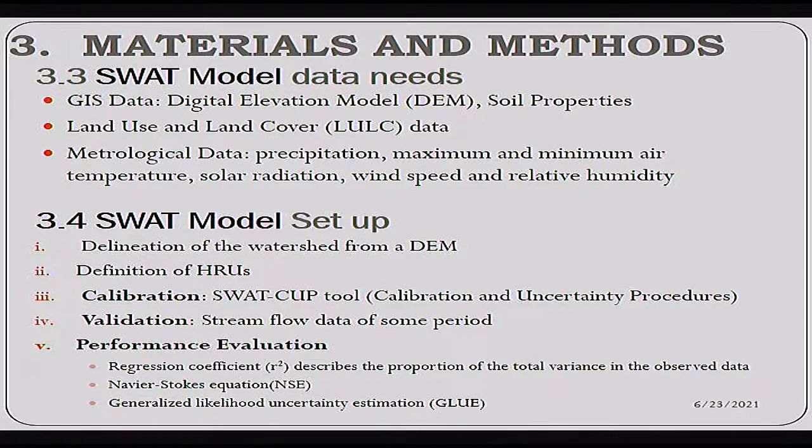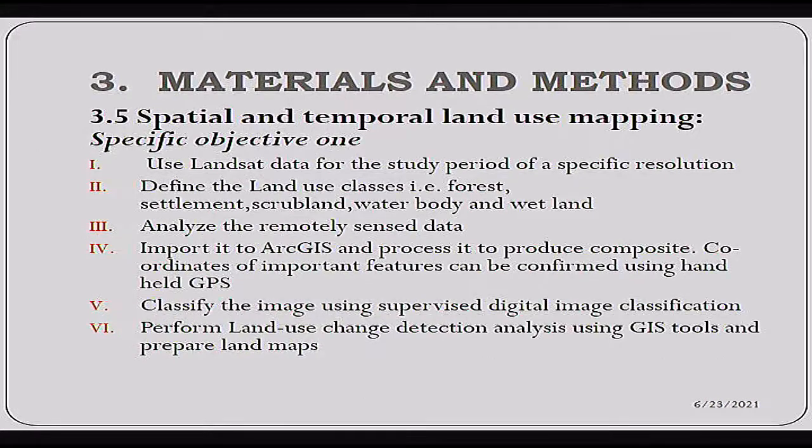What is it on the ground? For spatial temporal data, the Landsat data, land use classes will be defined using supervised classification. That's just a procedure that is supposed to be used to get objective number 1.